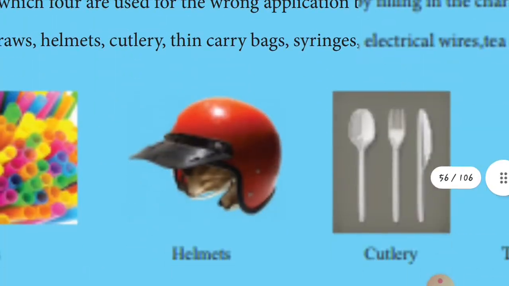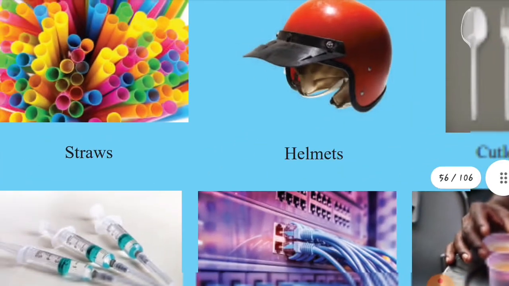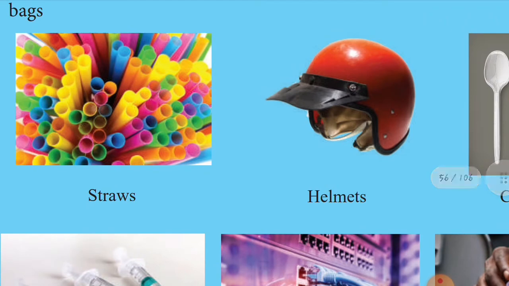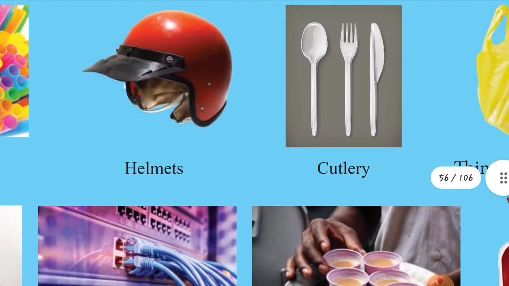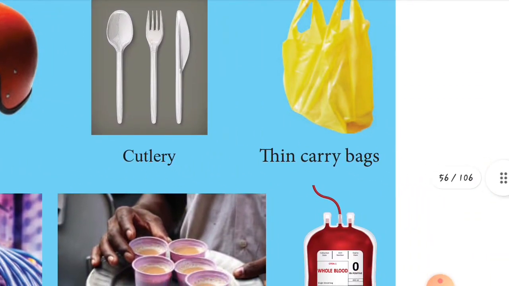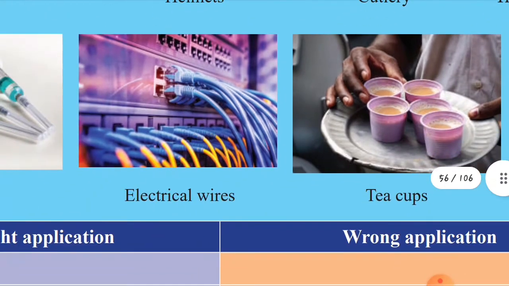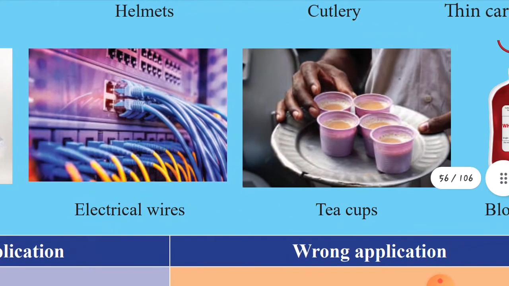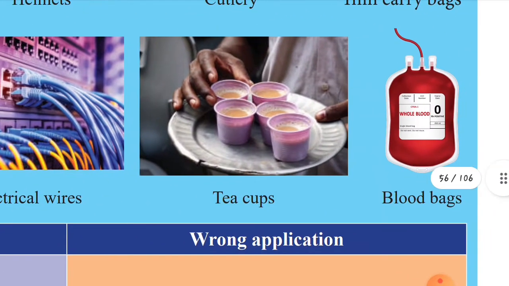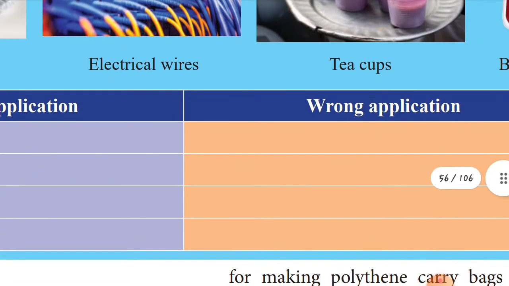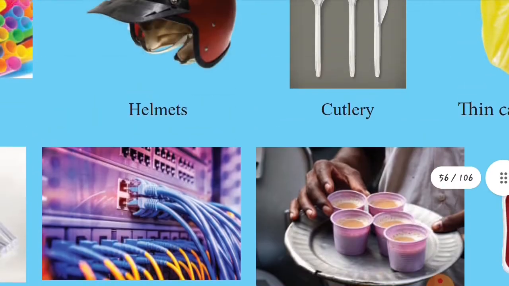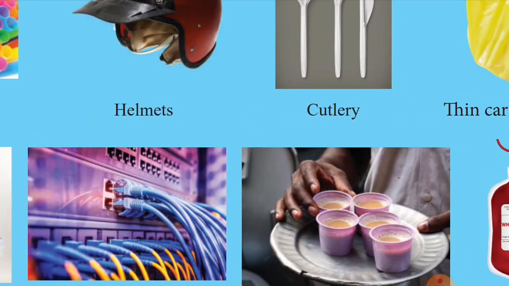So nowadays we are using plastics, children: straws, helmets, spoons, thin carry bags, syringes and electrical wires, teacups, blood bags. So these are all the everyday uses of what? Plastics.